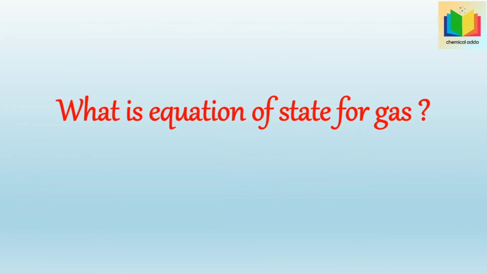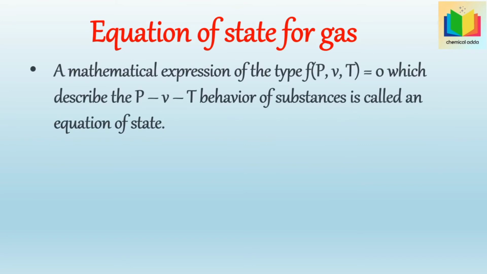Now, what is the equation of state for a gas? A mathematical expression of the type function of pressure, volume, temperature is equal to 0, which describes the PVT behavior of substances, is called an equation of state.